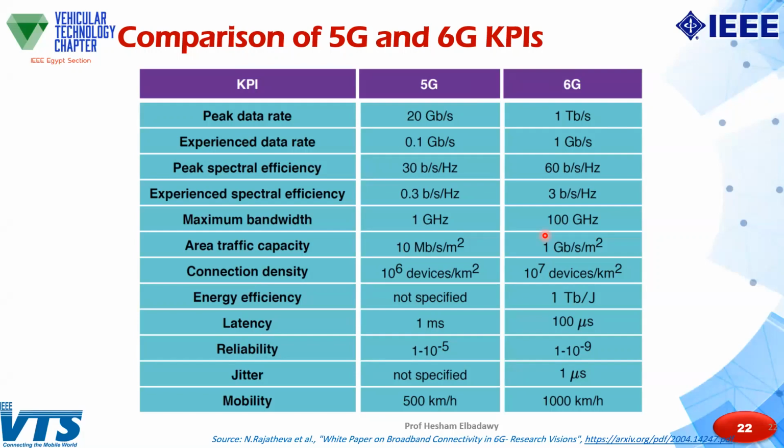Don't think that your research or your paper will be accepted if you are talking about 6G and your latency is 1 millisecond or 2 milliseconds. This is out of range of the 6G pre-described standards for KPIs.